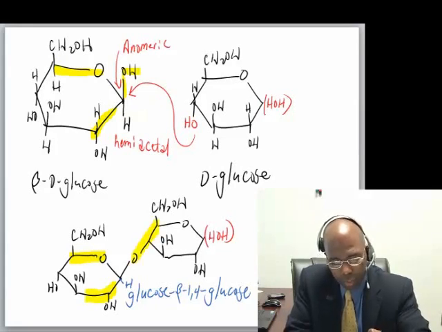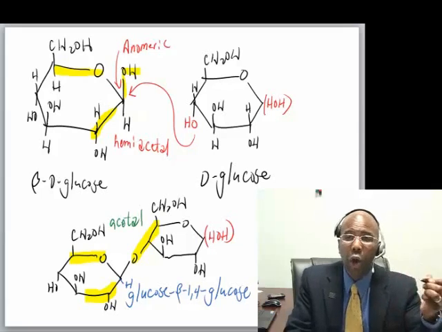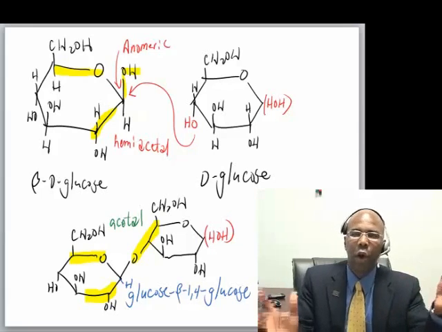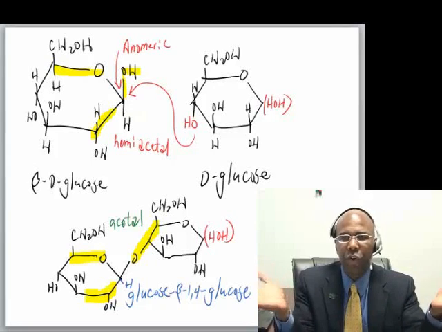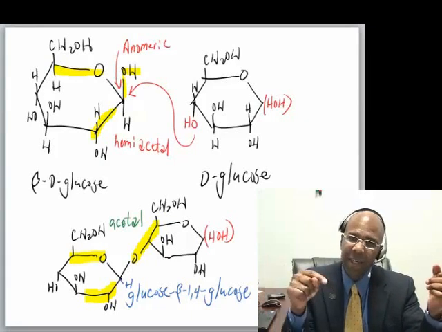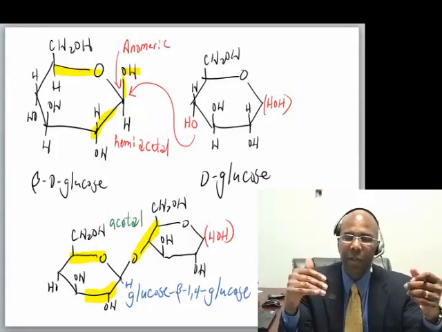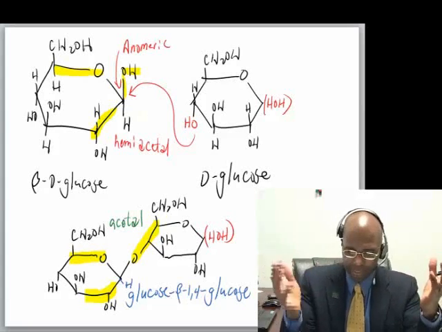This is no longer a hemiacetal. This functional group becomes an acetal. And so all disaccharides, or all polymers of sugars, are acetals. If the anomeric carbon was an aldehyde, they're going to be acetals.